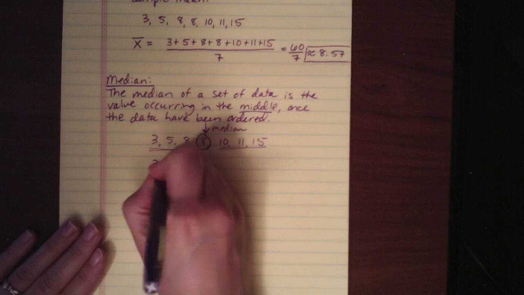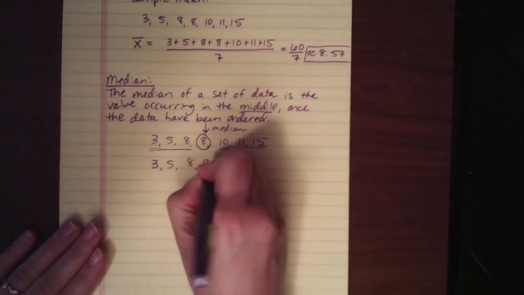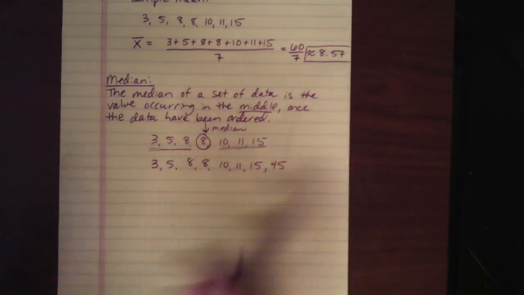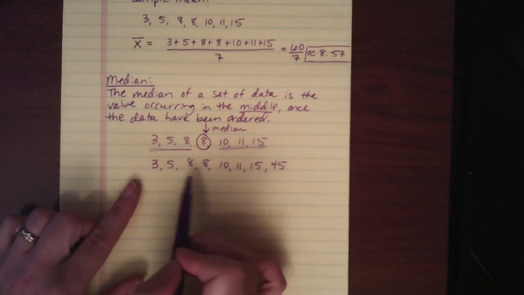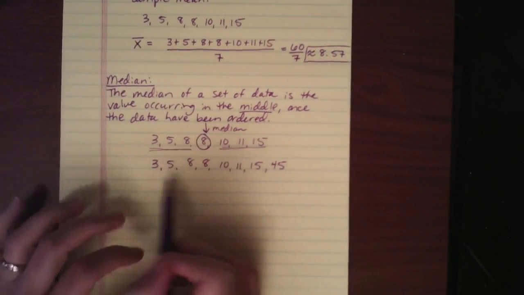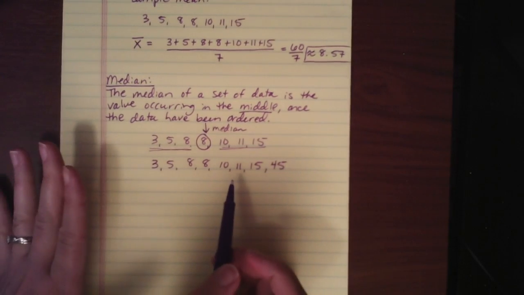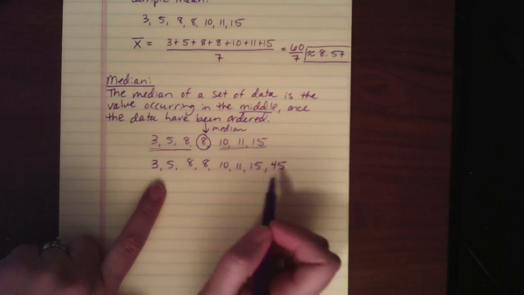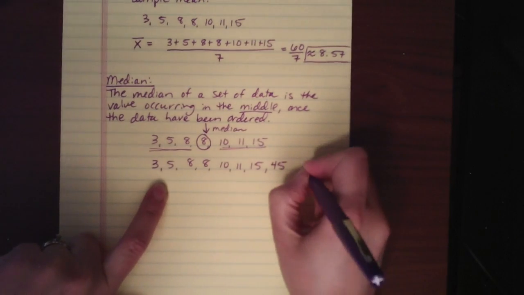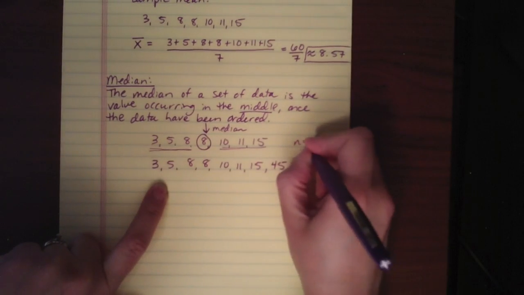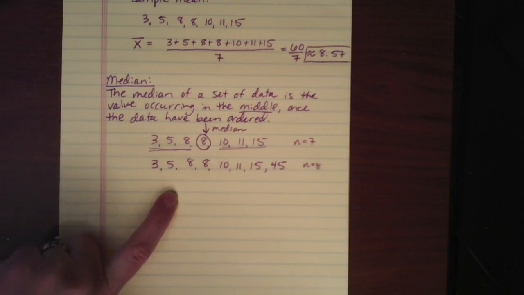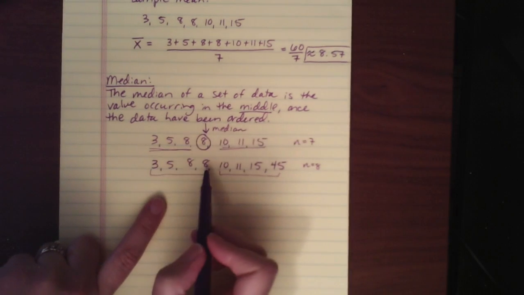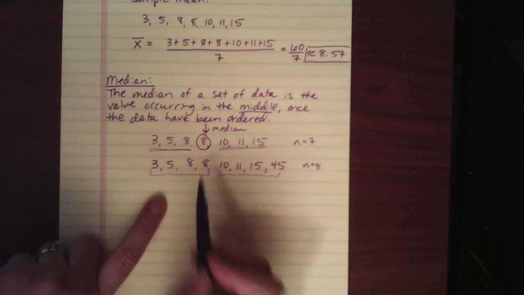So let's say we had 3, 5, 8, 8, 10, 11, 15, and 45. Well, now we have 8 pieces of data, and there is no value in the exact middle. So if you need to find the median of a set of data that has an even number of data points instead of an odd number, you still put the data in order. Here's the lower half of the data, 3, 5, 8, 8.